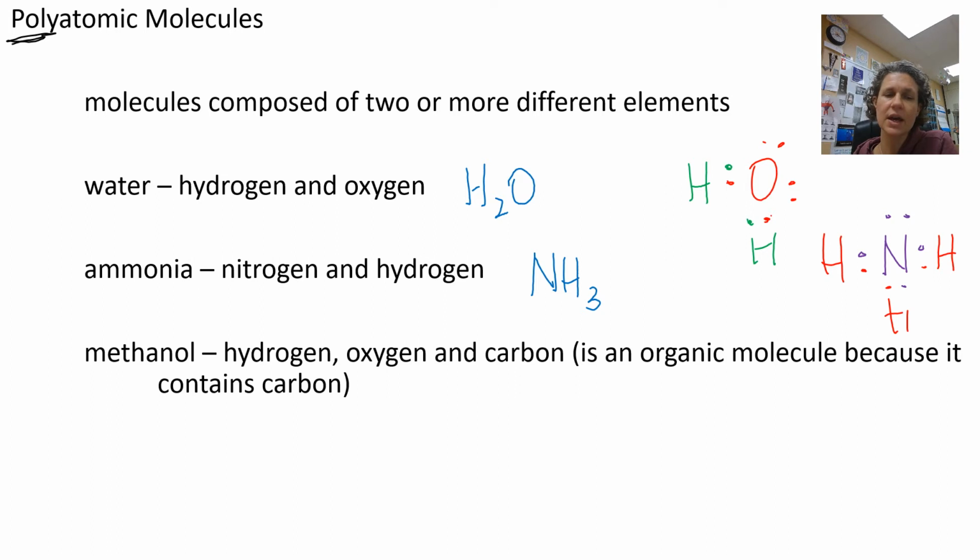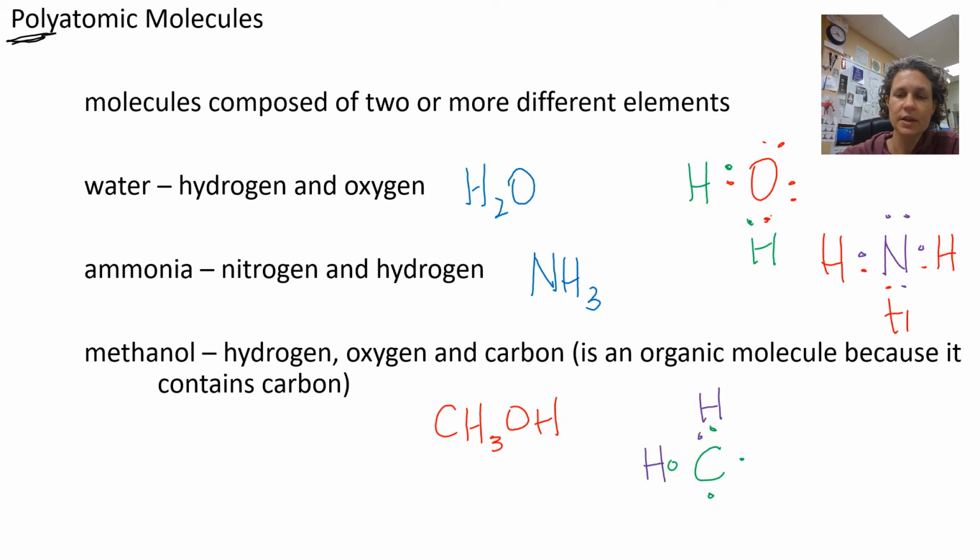Methanol is a little bit more complex. Its formula is CH3OH. So it looks like that. Typically, the carbon is going to be in the middle because it can form the most bonds. And again, this is kind of a complex one. We wouldn't really do this one. But it would end up with hydrogens on 3 of these sides.